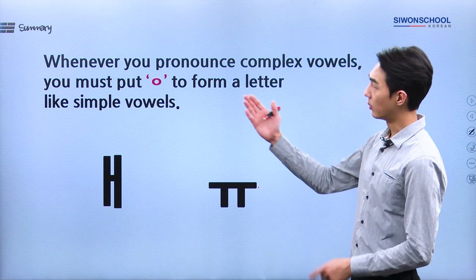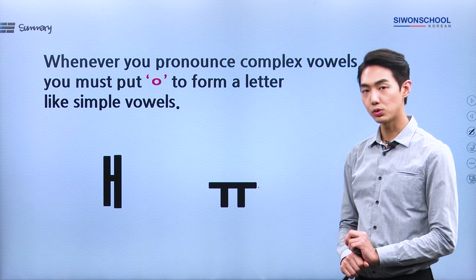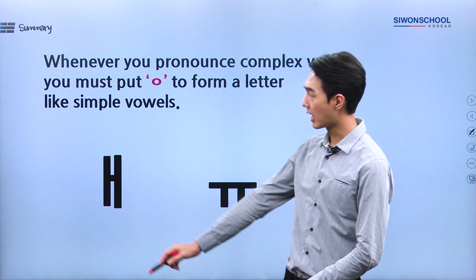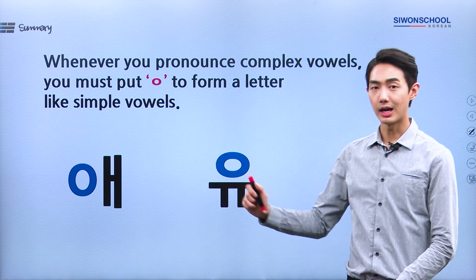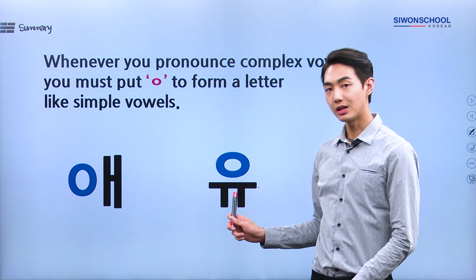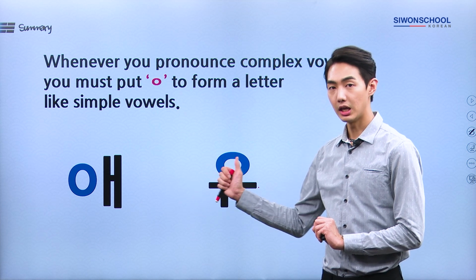Okay? Whenever you pronounce a complex vowel, what do you have to put? The vowel cannot stand by itself. You always have to have, ta-da, the consonant. We're just focusing on this because we have to know the sound of the vowel first.